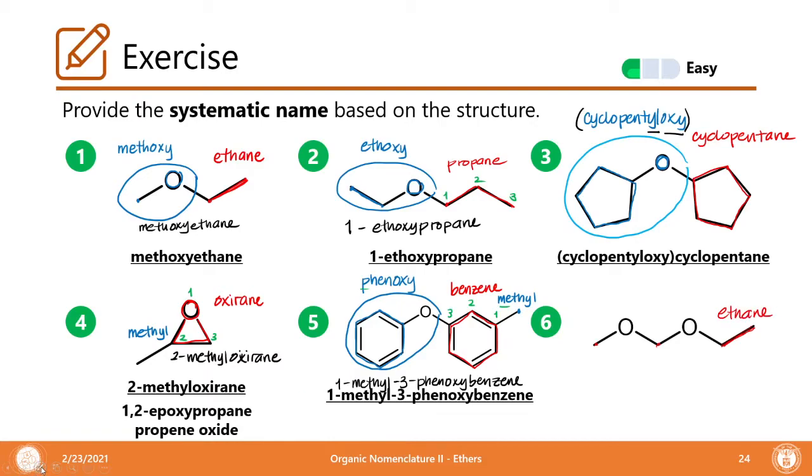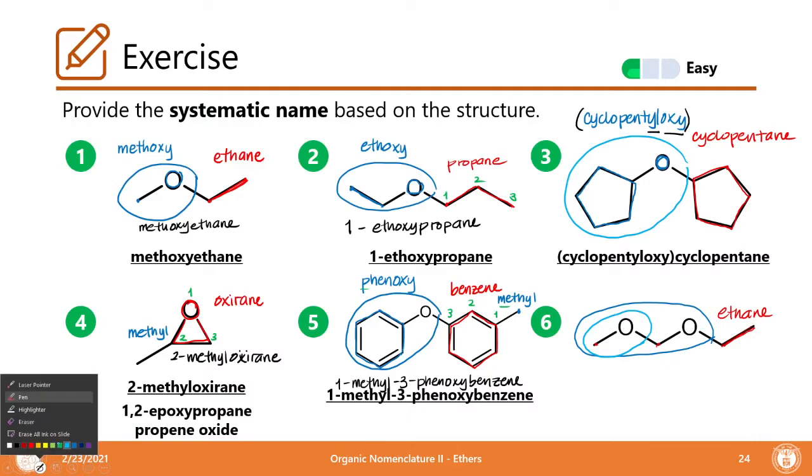And we have a large complex ether substituent, and within that, we also have a smaller ether substituent. So that's the nesting of our ethers.